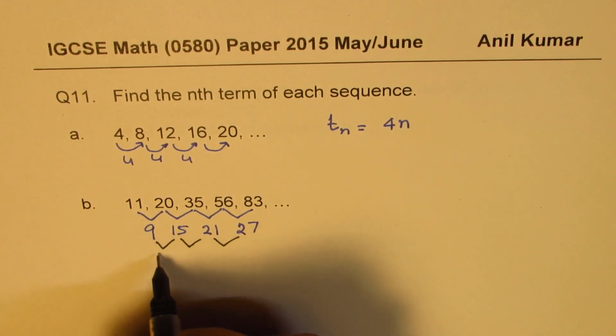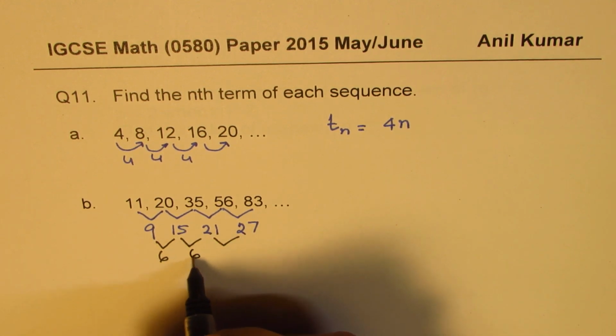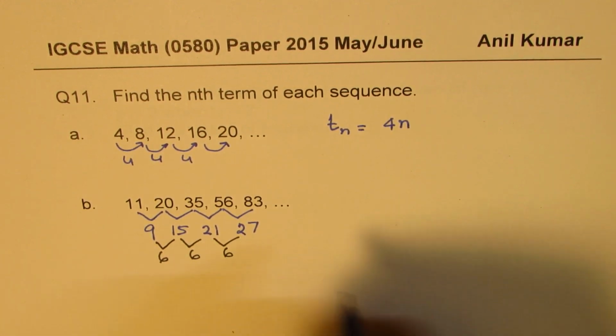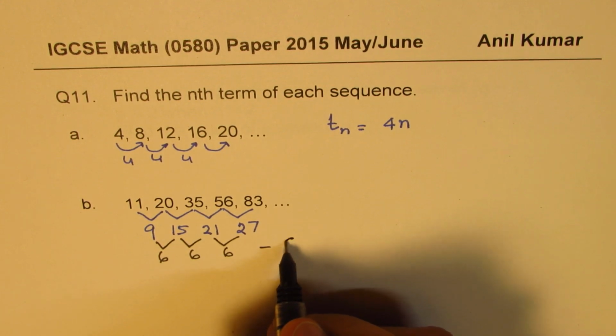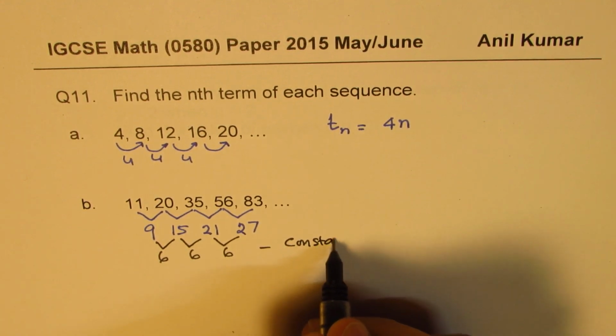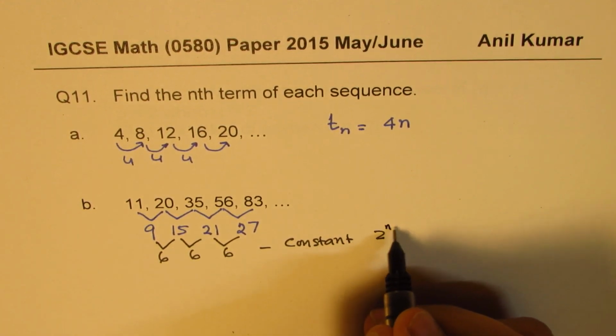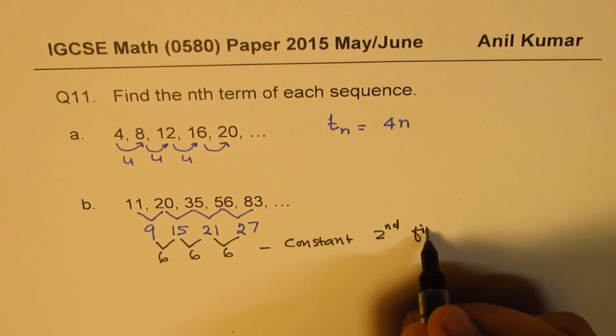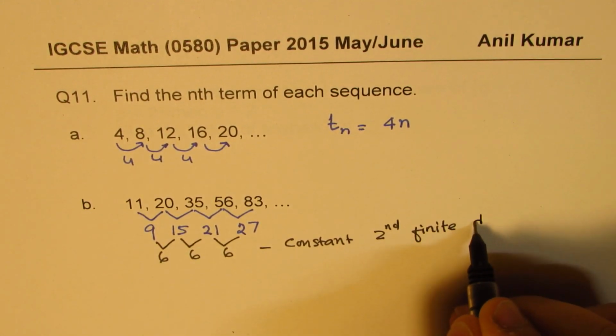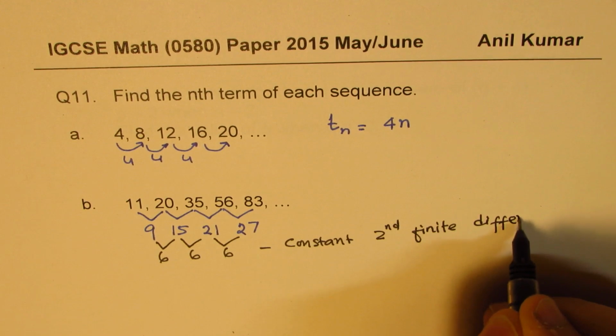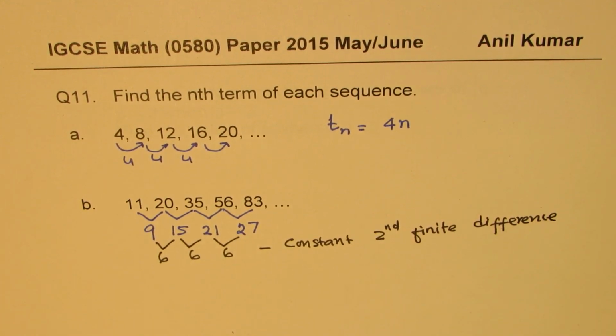Second difference, 15 minus 9 is 6, 21 minus 15 is 6, and 6. So we have constant second finite difference. That means what?